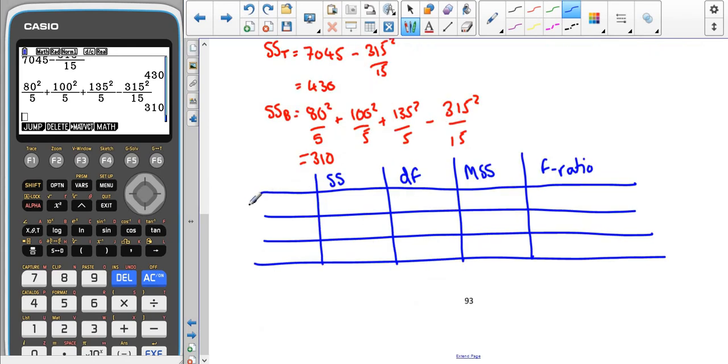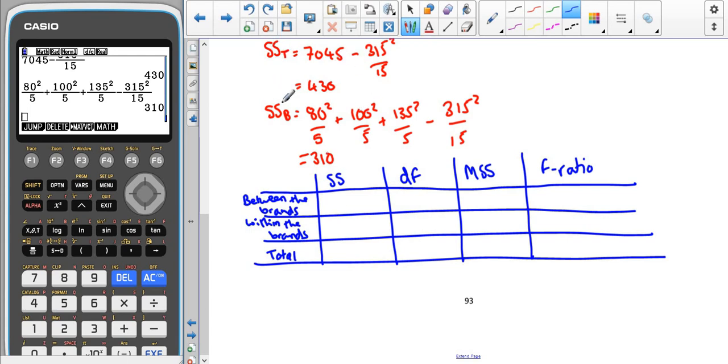Down the side, we're going to have between, in this case, the brands. Then we're going to have within the brands. And then we are going to have our total.